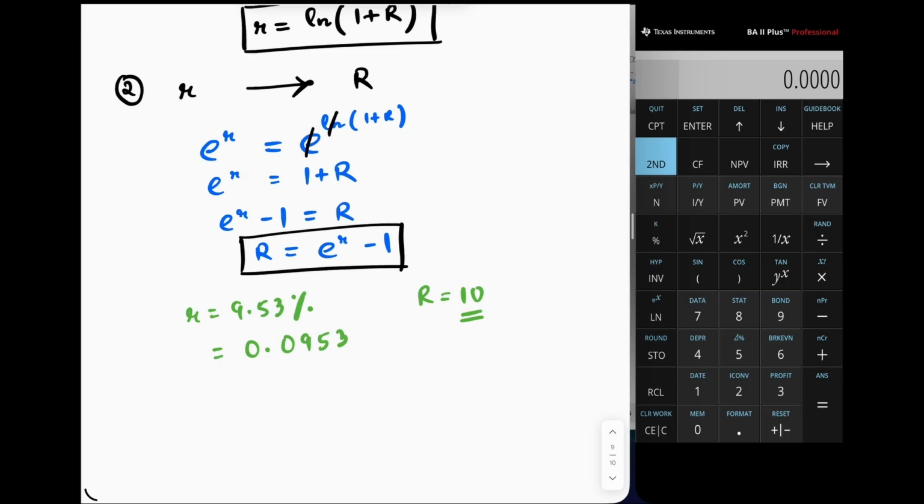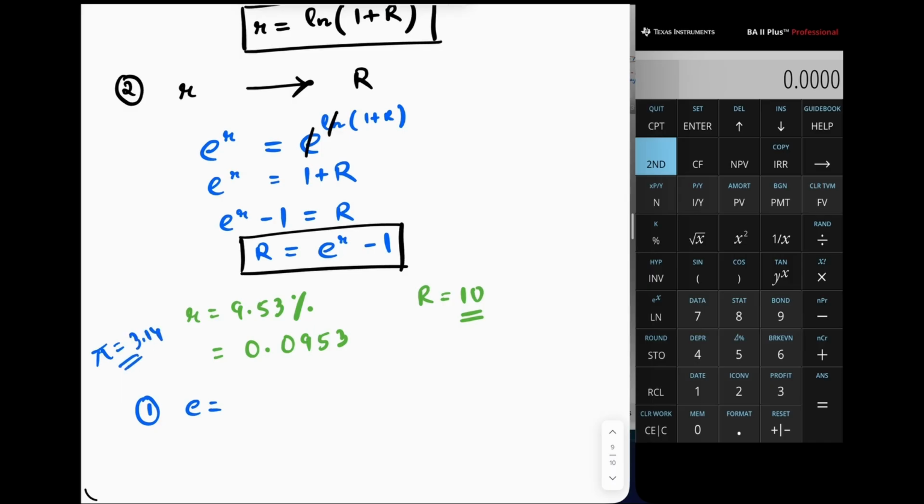So I can just write 0.0953. There are two ways to calculate here. You can put in the value of e and then use the financial calculator, or you can straight away use the e to the x. So let me show you how you can do it. The first way: the value of e, Euler's number, just like you have pi in a circle, pi was 3.14 if I remember.